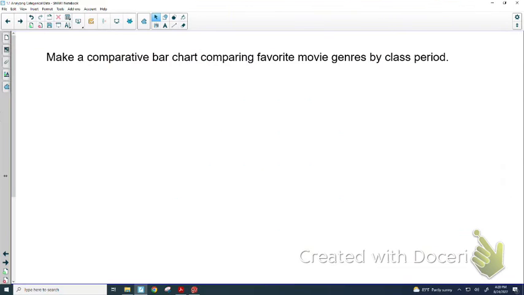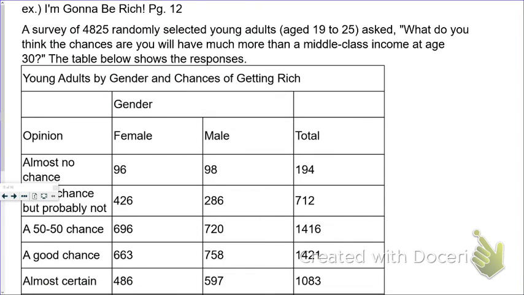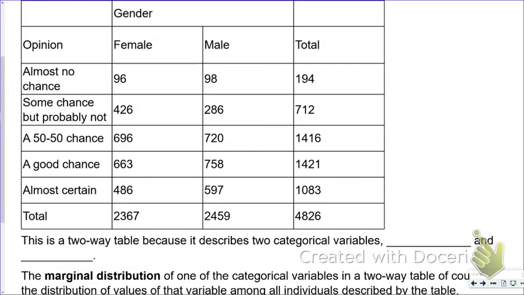So next, we moved on, and we had this table of opinions about getting rich. So in this table, people answered whether they had no chance, some chance, 50-50, good chance, almost certain, and we did this by gender. This is a two-way table.